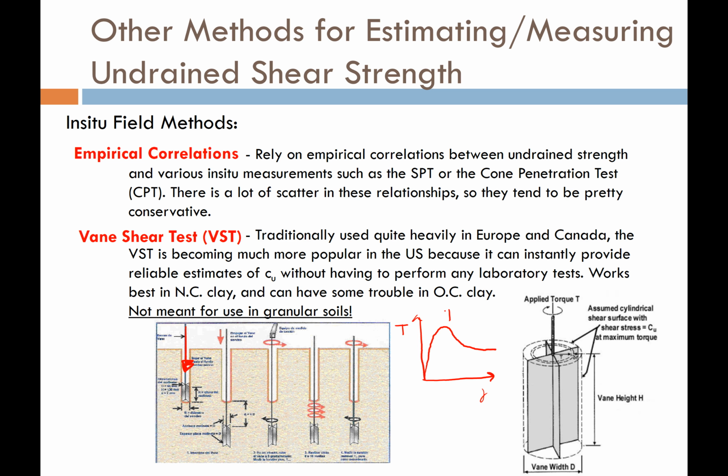So we might call this T max, the maximum torque, and then we might call this T residual or T res. That means it's the residual or the long term strength of the soil, usually associated with what we call the critical state of the soil.